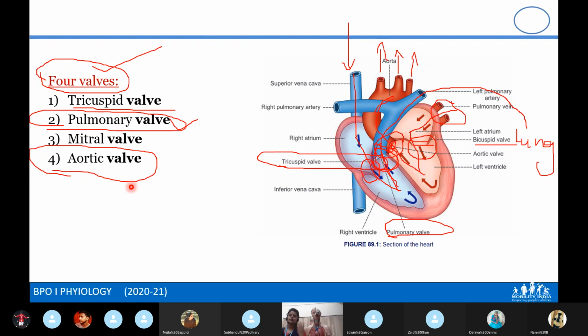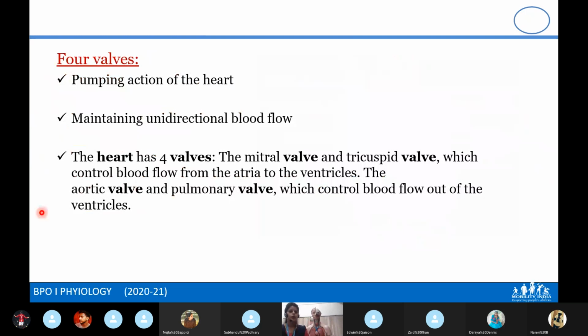Okay, so now remember there are 4 valves. So what is the function of these valves? You can write here, functions.